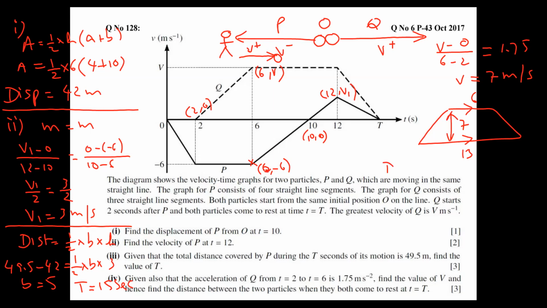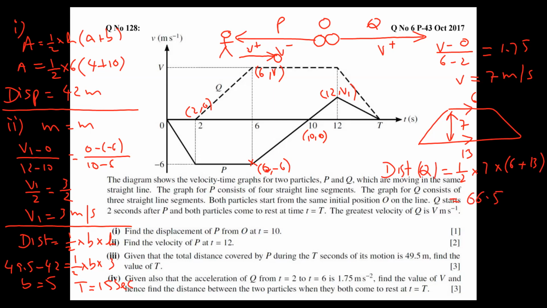So the distance traveled by the Q particle is half into h, 7, into a plus b. Half into 7 into 19, so I get a distance of 66.5.